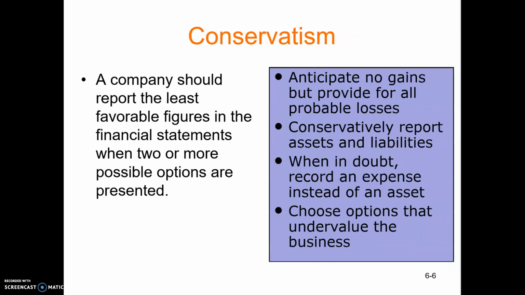And then we have conservatism. So conservatism means if we have 2 different choices, when there's an uncertainty, we have to choose the method that is going to not overstate our income or overstate our assets.